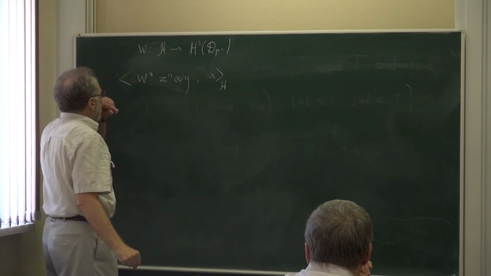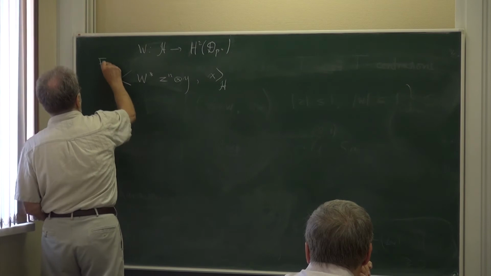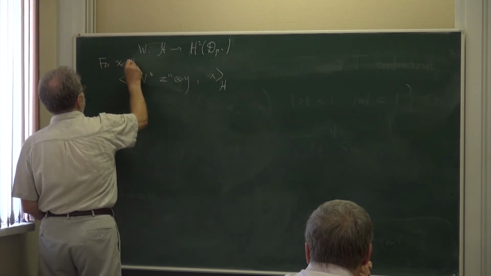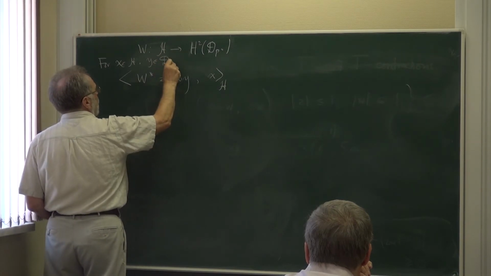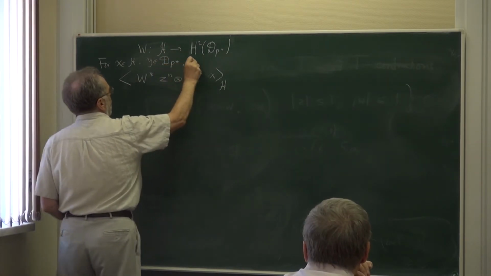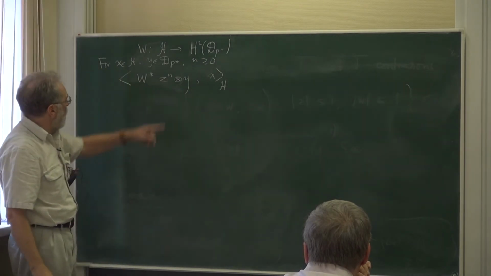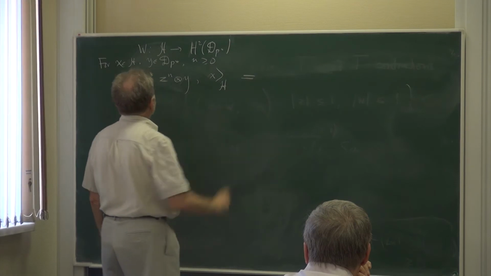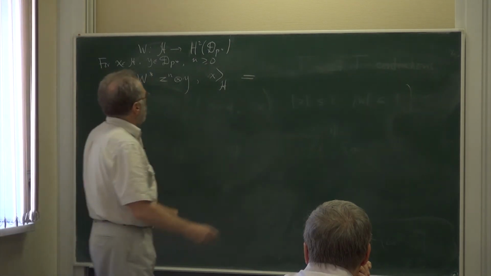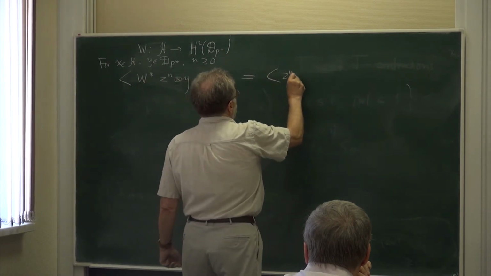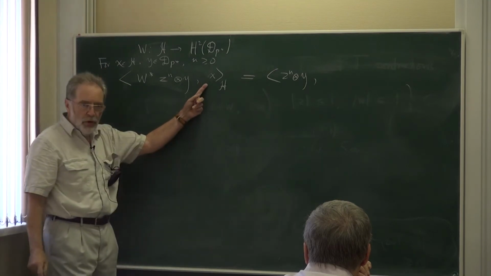So for x in H, y in D_P*, and n greater than or equal to 0, we could apply W* to this vector in H2 of D_P*. And what do we get? Well, we get the inner product of Z^n tensor y with Wx.